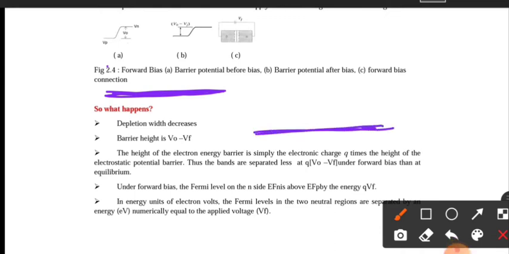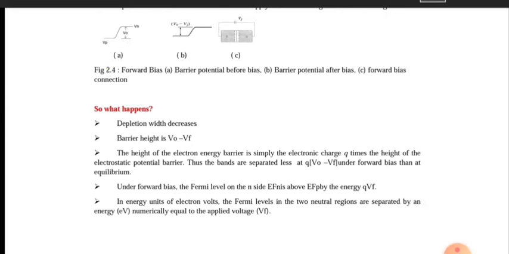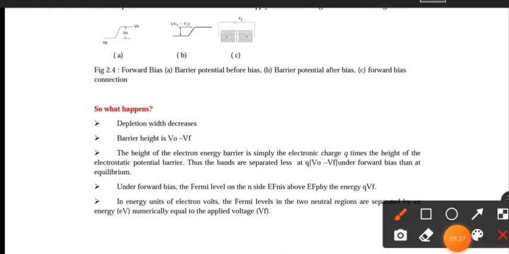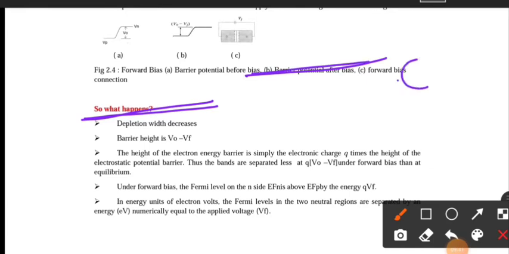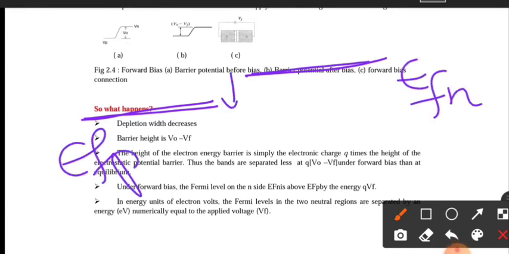Under forward bias, the Fermi level on the N side, EFN, is above EFP. So like this. This is EFN and this is EFP, and the difference is Q times VF. Okay, it will be like this.